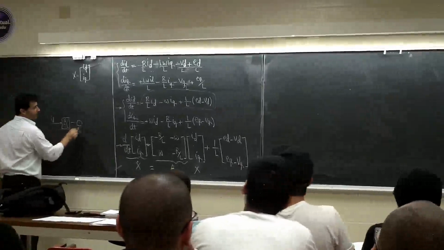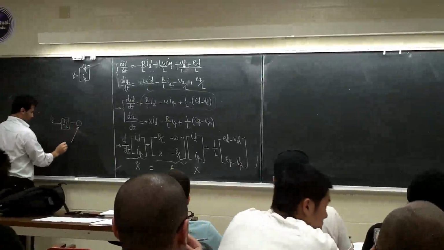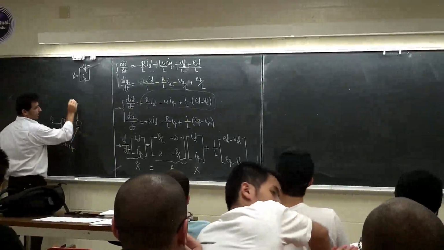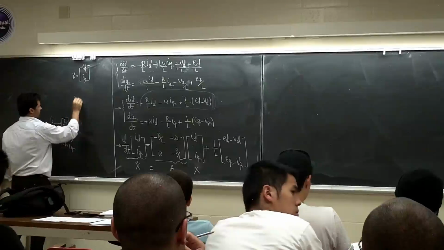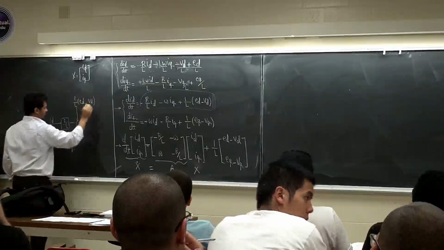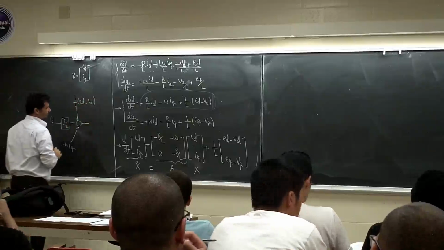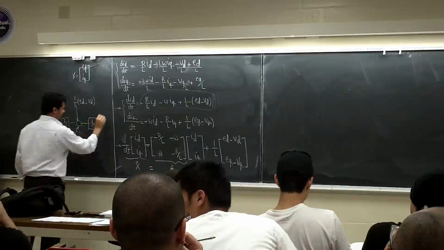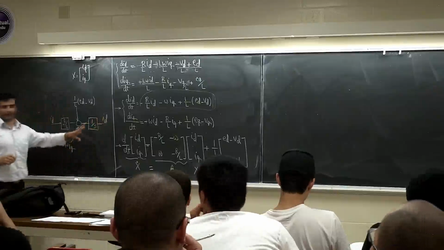I'm going to have omega IQ here, and 1 over L times ED minus VD. If I have 1 over S here, this one is going to be ID. Is it correct? Look here.